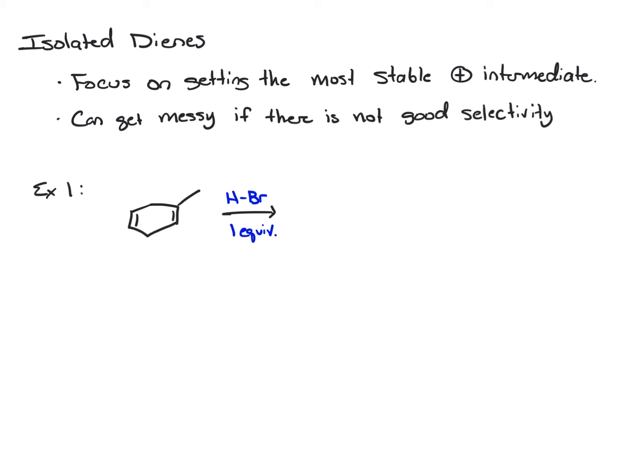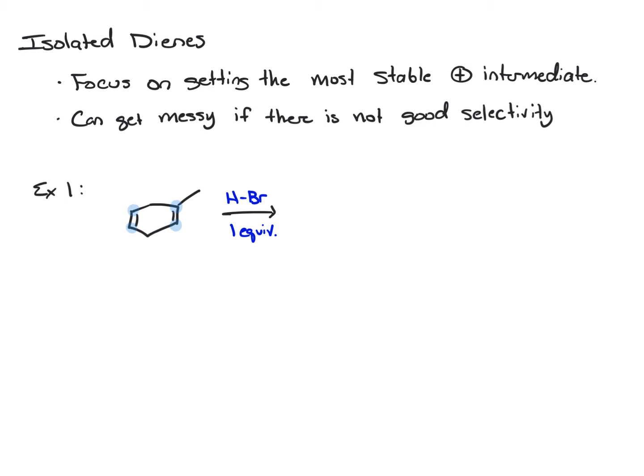What you want to do is look at all of the carbons that are part of the double bond. So we have here, here, here, and here. And think about reacting each double bond with a proton, H+, and the resulting carbocation that you would get.